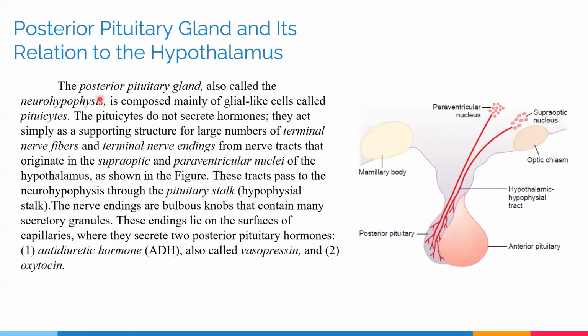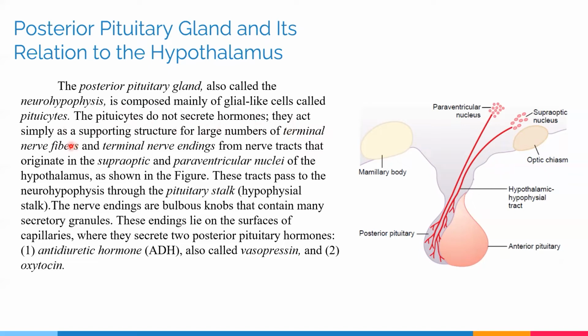Next, we look into the posterior pituitary gland and its relation to the hypothalamus. The posterior pituitary gland, also called the neurohypophysis, is composed mainly of glial-like cells called pituicytes. The pituicytes do not secrete hormones.